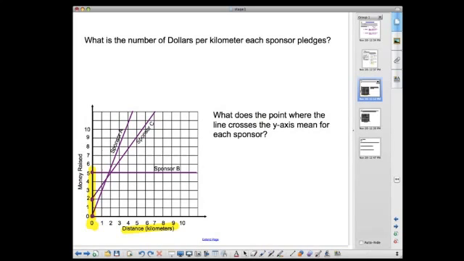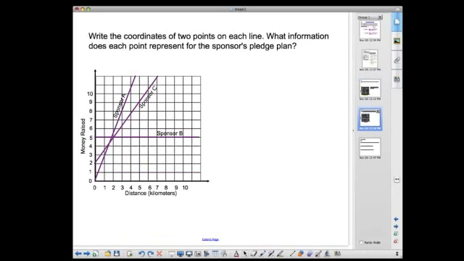The coordinates of 2 points on each line, what information does each point represent for the sponsor's pledge plan? I think we understand that the x and y coordinates are crucial. Some important points may be where those lines intersect, the y-intercepts, and also if there were any on this graph, specifically the x-intercepts.